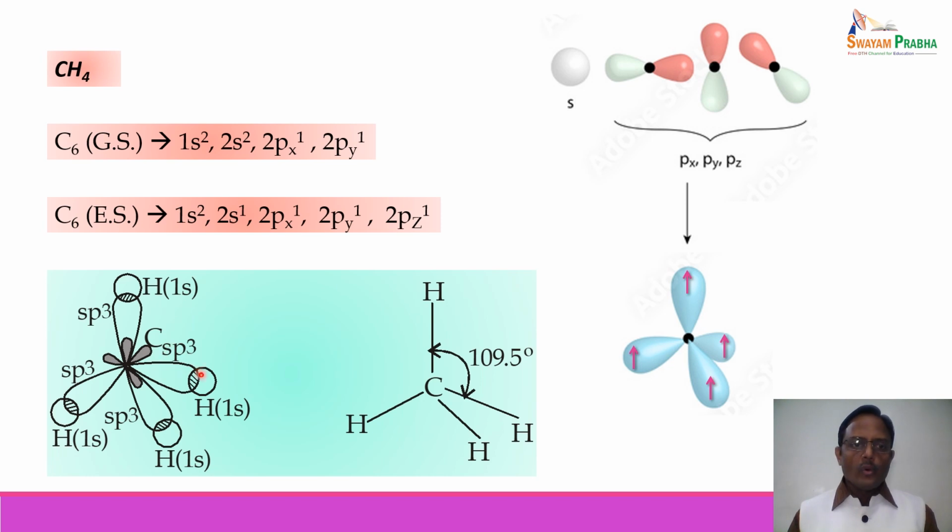So there is an overlapping of sp3 hybrid orbital of carbon with 1s atomic orbital of hydrogen, leading to formation of this CH4 compound. Since there is sp3 hybridization, the bond angle is exactly 109.5 degree, and the geometry of the molecule is perfectly tetrahedral in nature, or regular tetrahedral geometry.